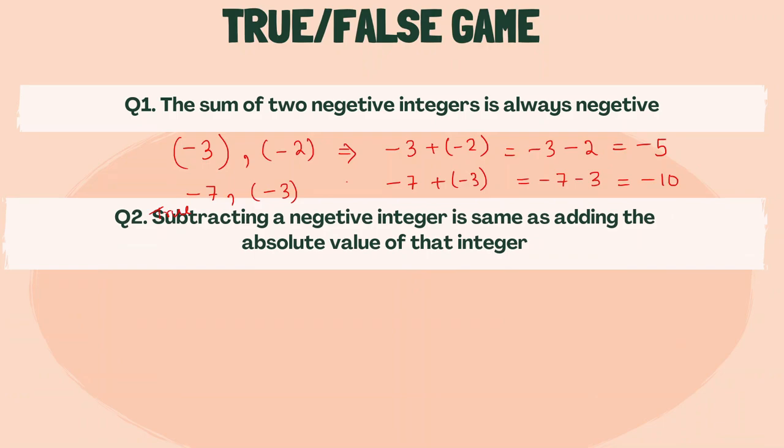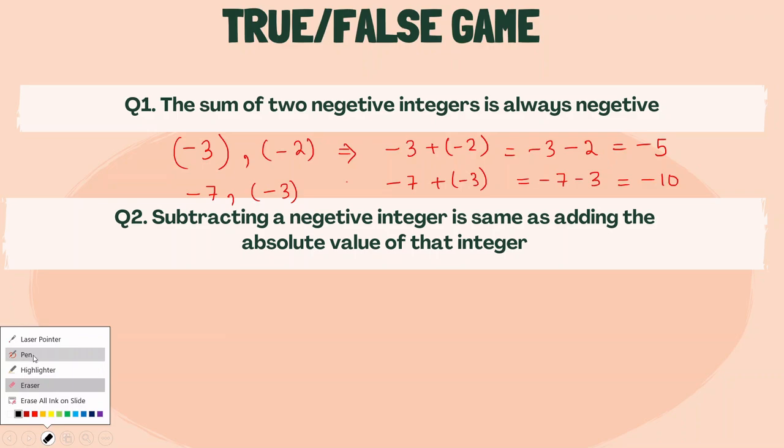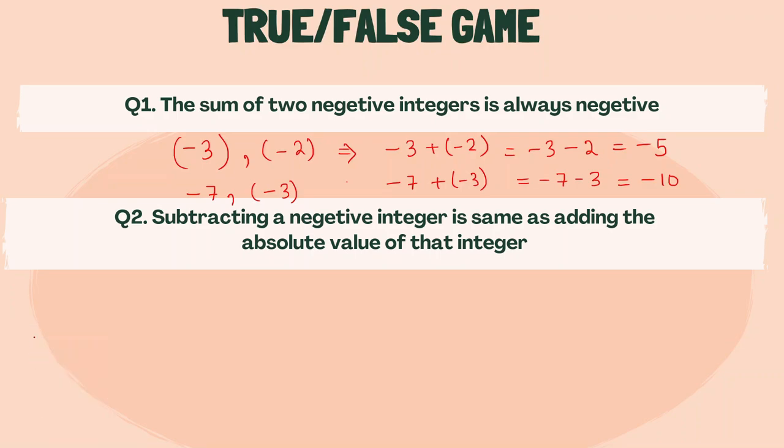Next question. Let me erase here. Here is the true portion. It is coming over the next question. So here I am writing true. Question number 2. Subtracting a negative integer is same as adding the absolute value of the integer.